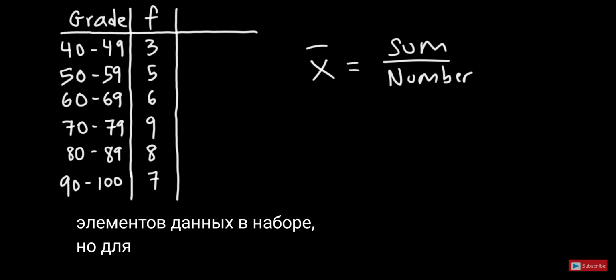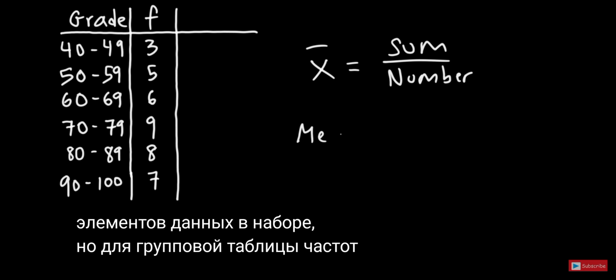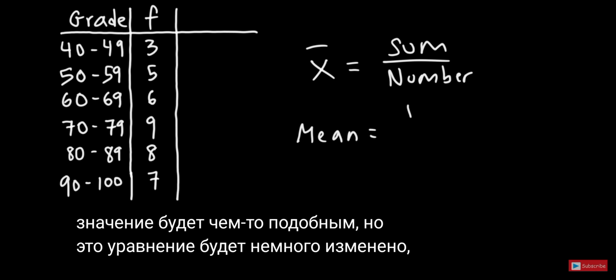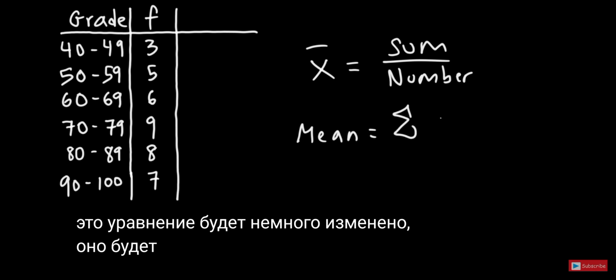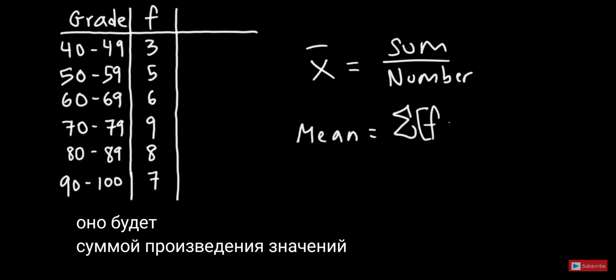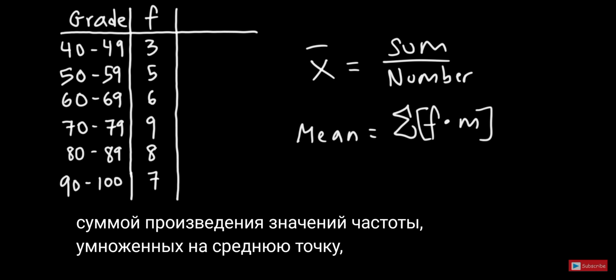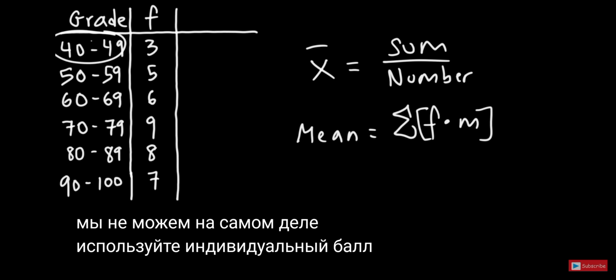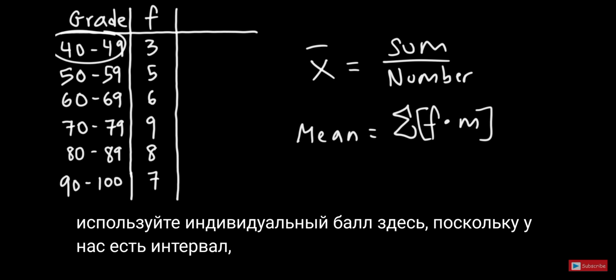But for a group frequency table, the mean is going to be something similar, but that equation will be modified a bit. It's going to be the sum of the product of the frequency values times the midpoint, because we can't really use an individual score here since we have an interval.